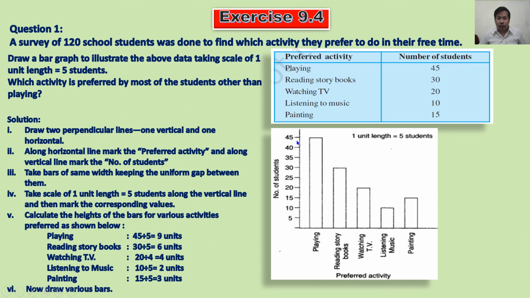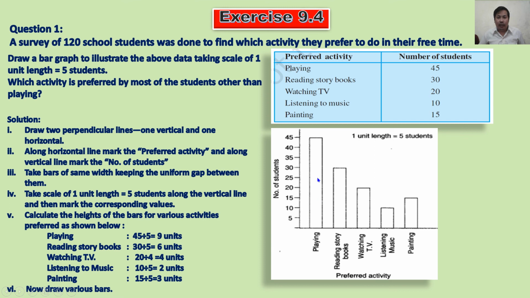In the vertical, we have to represent the number of students, and this has to be divided into a number of units. 1, 2, 3, 4, 5, 6, 7, 8, 9 units. So 9 is the maximum. Why? Because 45 is the maximum number of students, and it consists of 9 units. So we divide into equal 9 units, and each unit represents 5 students here. 5, 10, 15, 20, 25, 30, 35, 40, 45, like this.